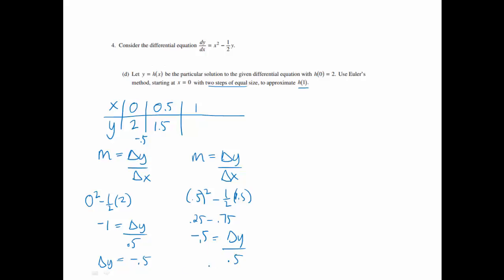So negative 0.5 times 0.5 will be negative 0.25, and so we're going to subtract 0.25 from my y value, and when I do that I will get 1.25. So it said to approximate h of 1, so my h of 1 is approximately 1.25.